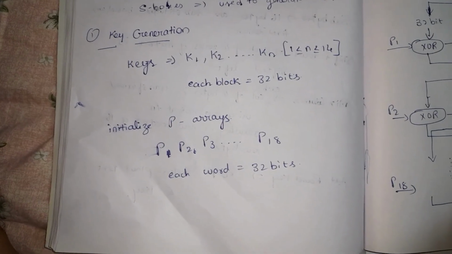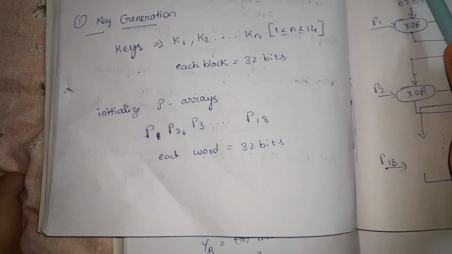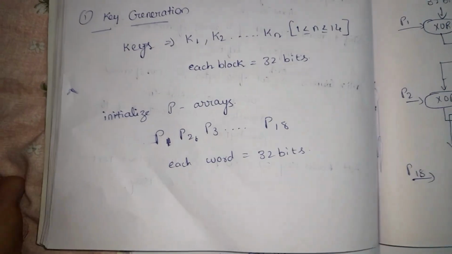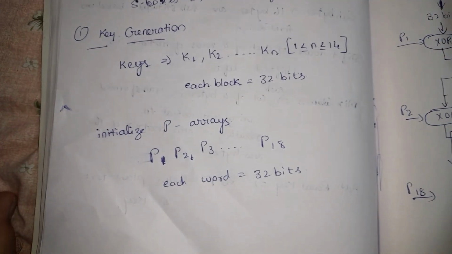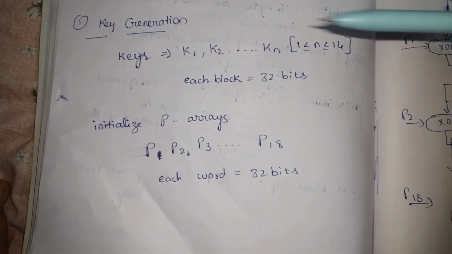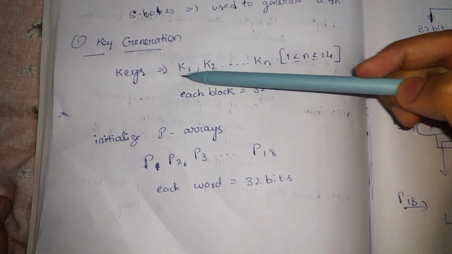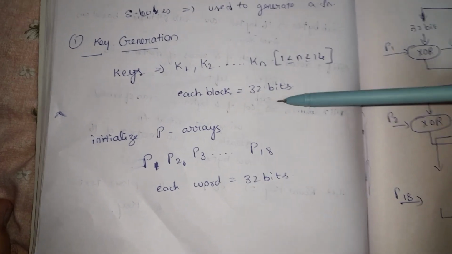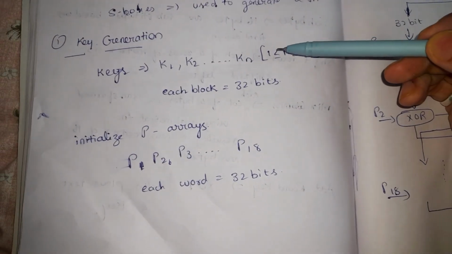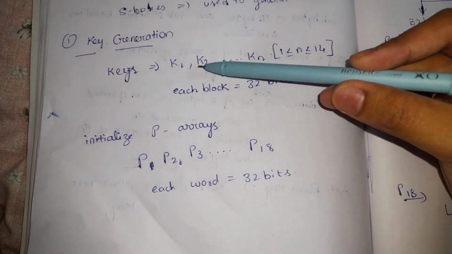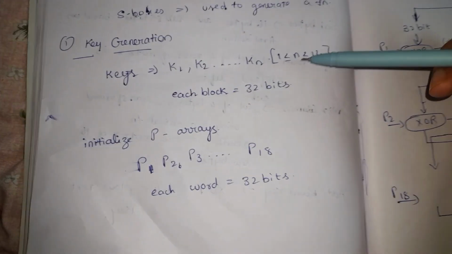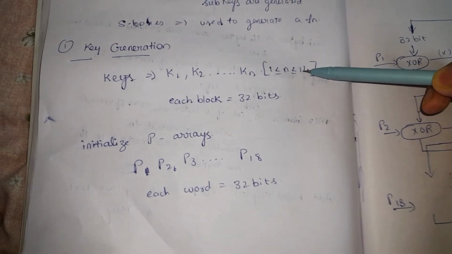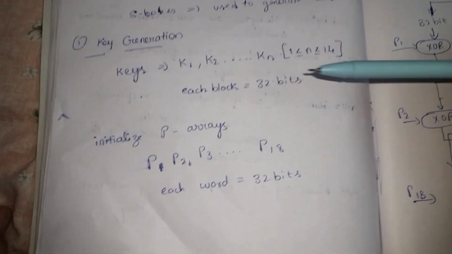This block cipher algorithm works in two steps: key generation and encryption. Let's take a look at key generation. We have to take a block of keys, where each block is of 32 bits, from K1, K2 and so on up to Kn, with n between 1 and 14.